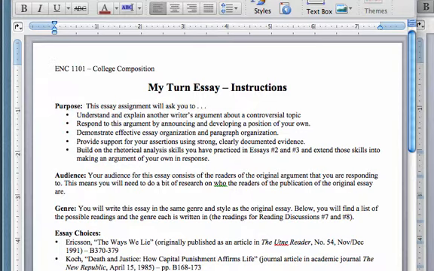Okay? So the first thing you have to do to fulfill the purpose of this assignment is to understand and explain the argument that's being made in the essay that you have chosen.